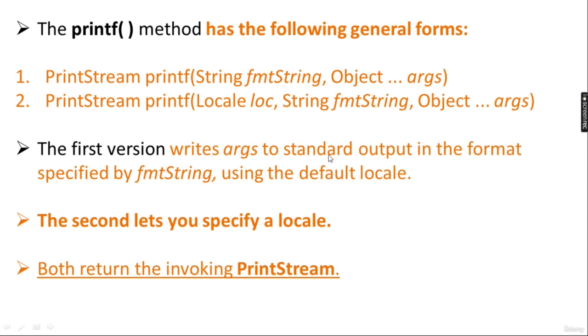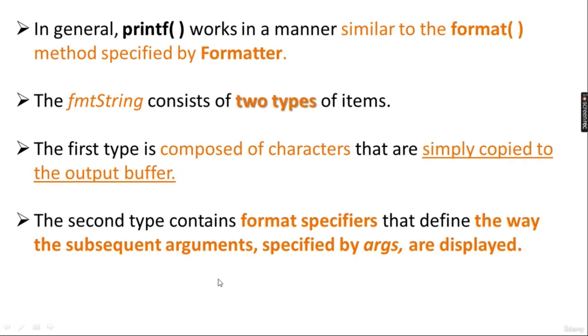The first version writes var to standard output in the format specified by format string using the default locale. Default locale is the current locale in which you are residing. The second lets you specify a locale object, and depending upon that, it will write the output to the standard output, that is the console. Both return the invoking PrintStream object.